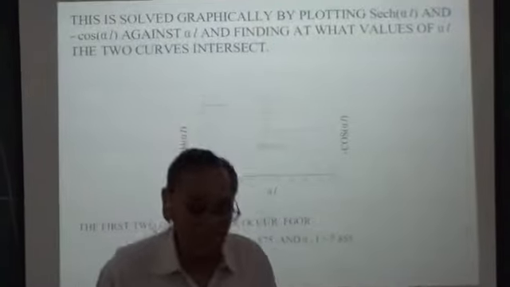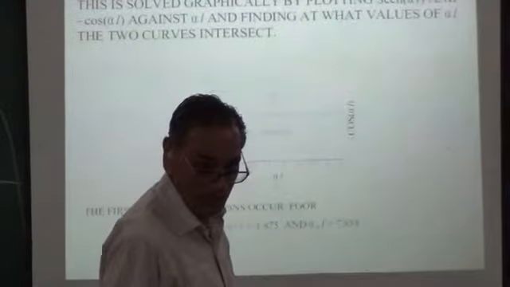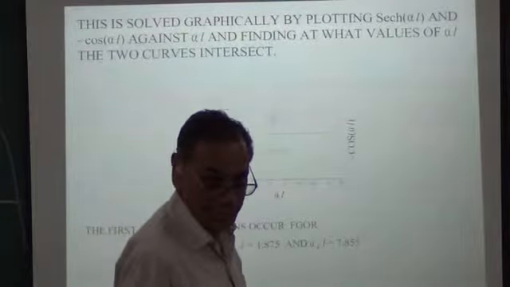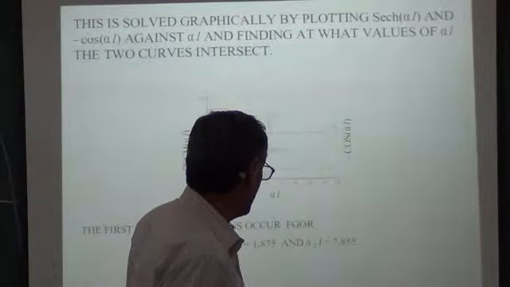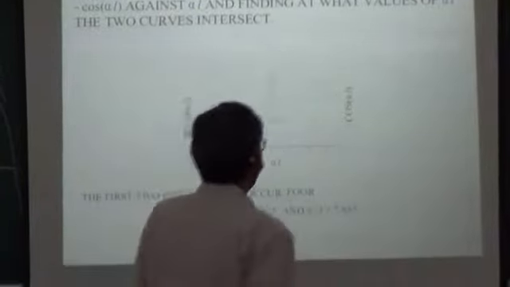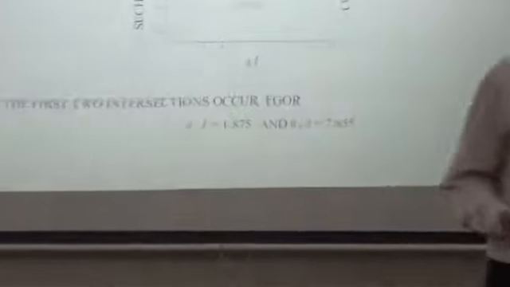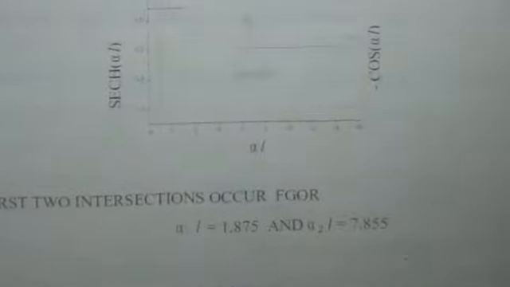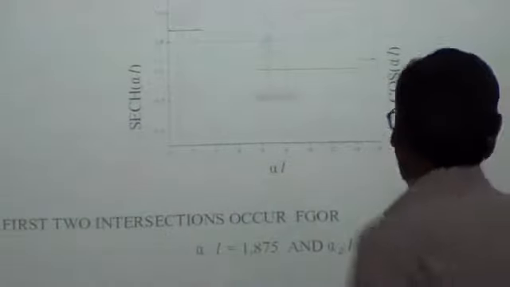My x is alpha L, so the first value, alpha 1 L, is 1.875. The next value, alpha 2 L, is around 4.9, which I have mentioned in my manual. There is a third value.